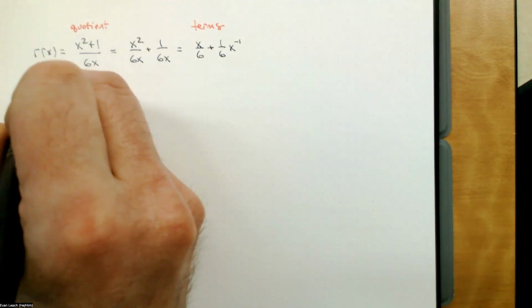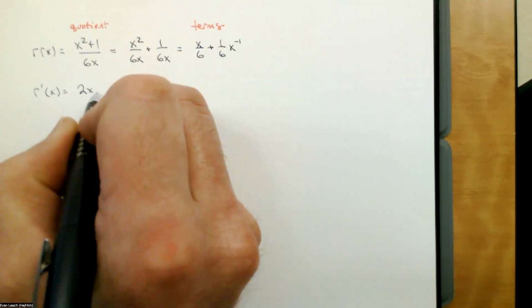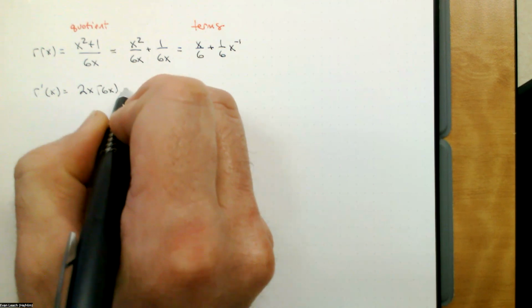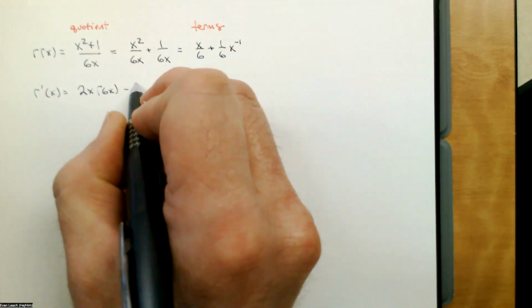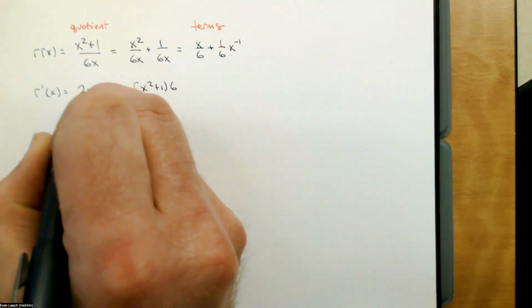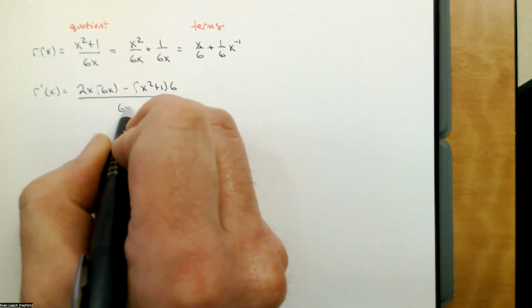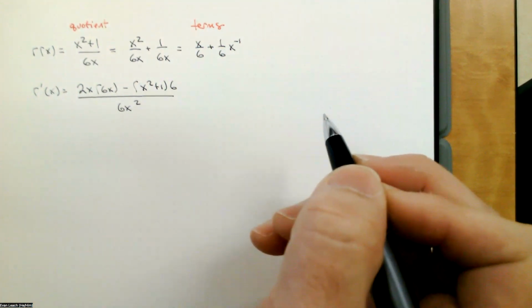As a quotient, we would take the derivative of the top times the bottom minus the top times the derivative of the bottom, all divided by the square of the denominator.